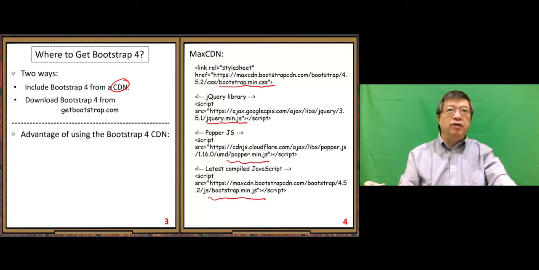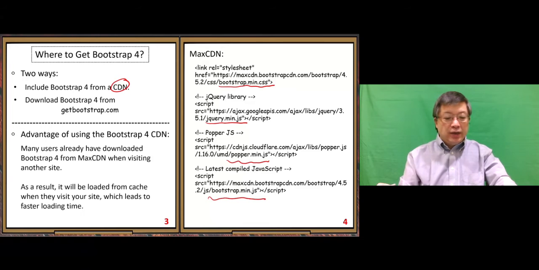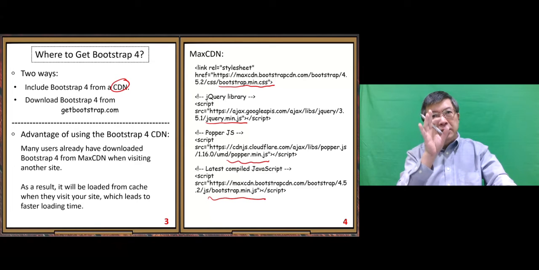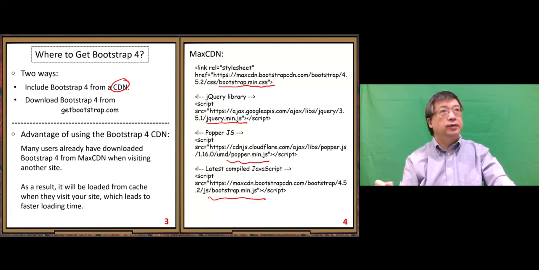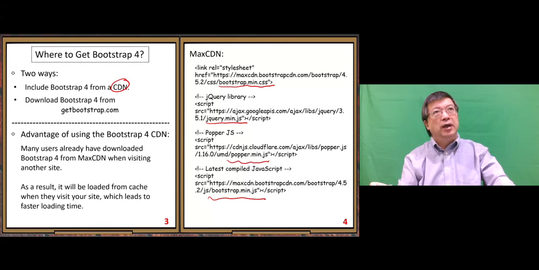An advantage of using Bootstrap from a CDN: the main thing is performance. It can make the downloading faster. Even for your downloaded version, users also need to download it.